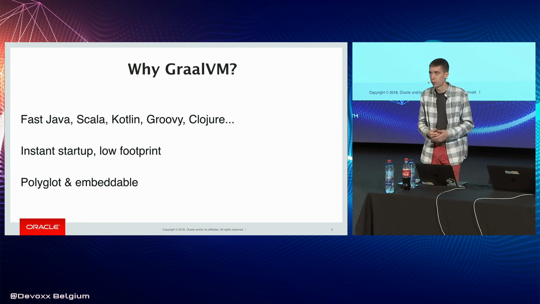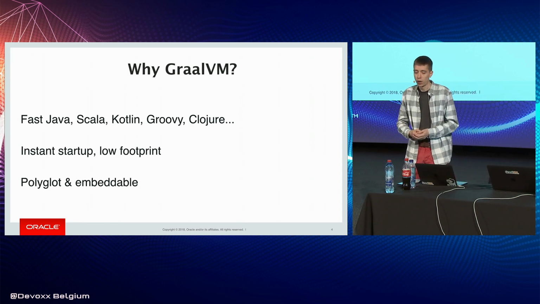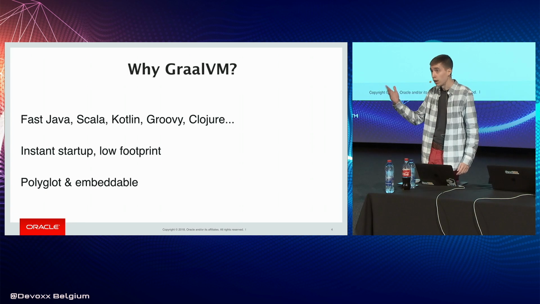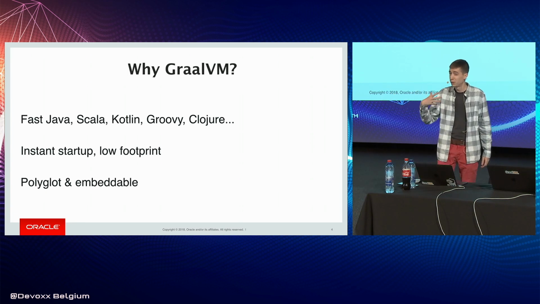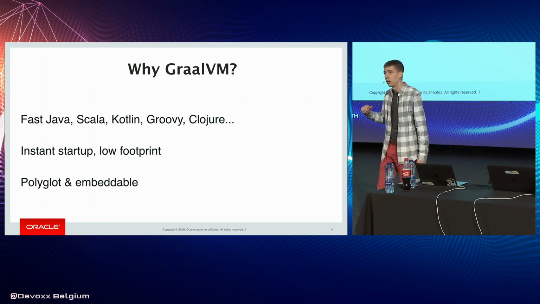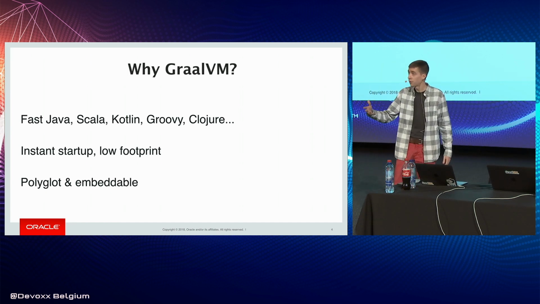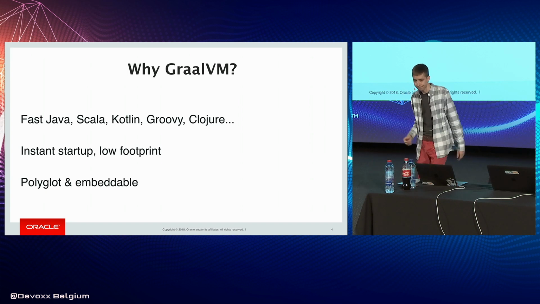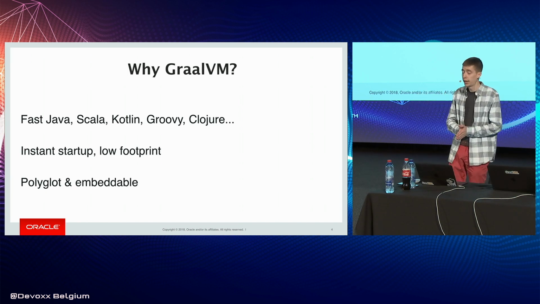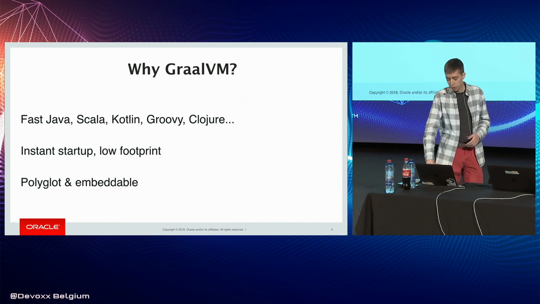And this can be interesting for microservices or other programs where low memory footprint and fast startup is important. And finally, GraalVM has also this polyglot and embeddability aspects where it can run not just those languages that are here on the slide, it can also run JavaScript, Python, Ruby, R, and LLVM-based languages. So these are the three things that GraalVM can do at the moment, and that's why you should care about GraalVM.